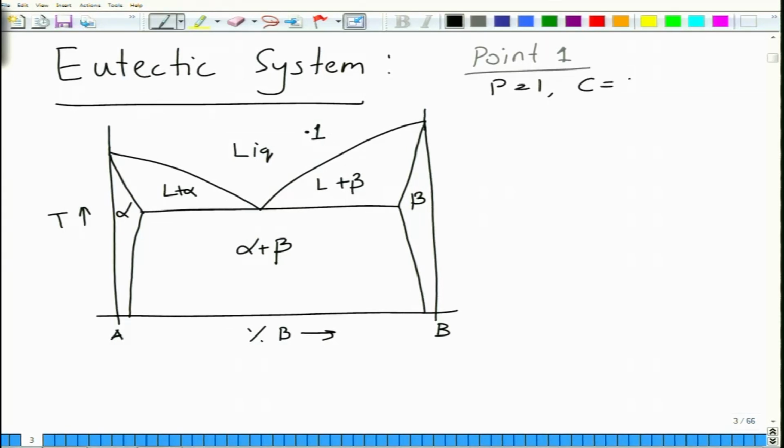In a binary system, C is equal to 2. So F is equal to 2 minus 1 plus 1, which is equal to 2. So you can vary temperature and composition independently, two variables, and you will still have single phase equilibrium.